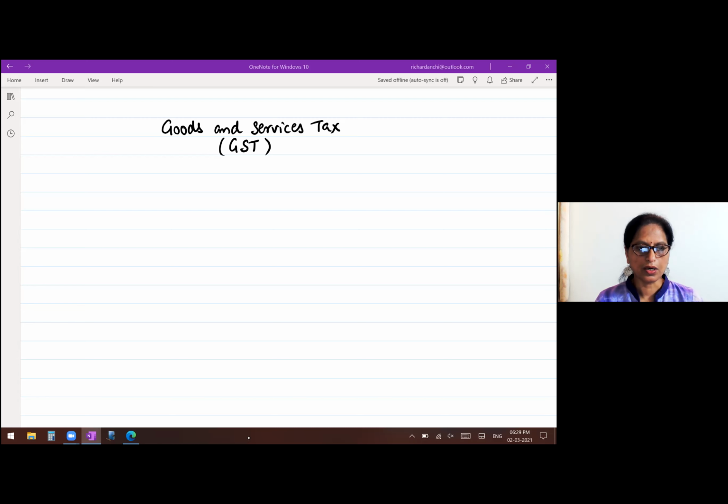Purchased a motor car from Tata and Company worth rupees 2 lakhs at 18% GST.